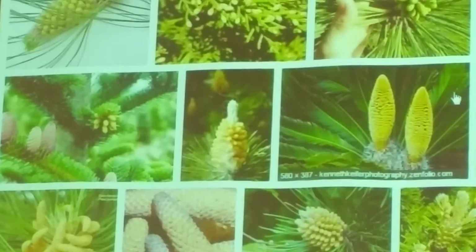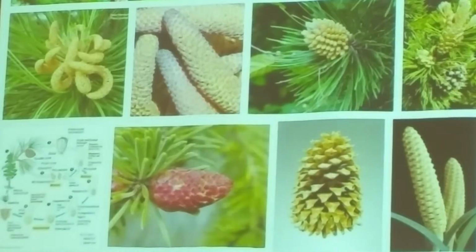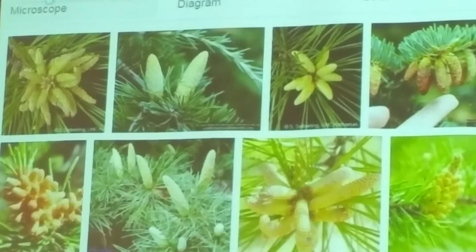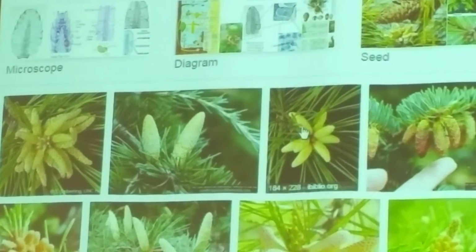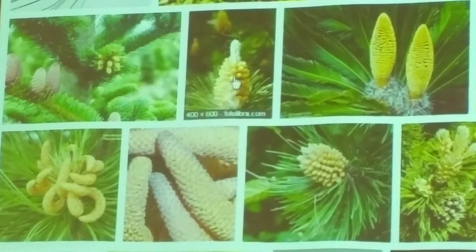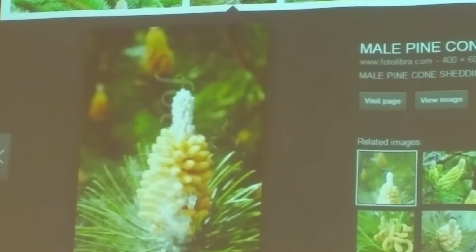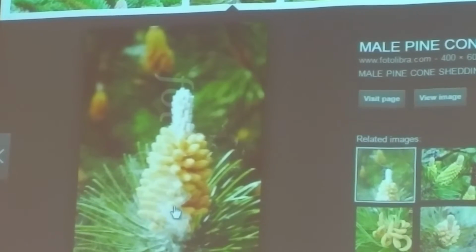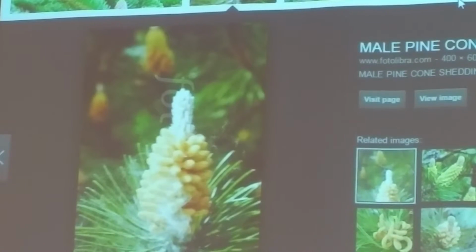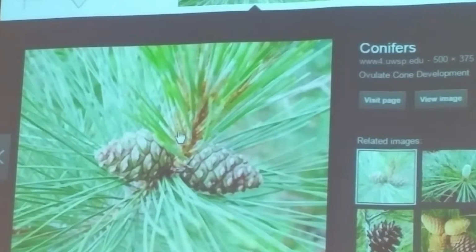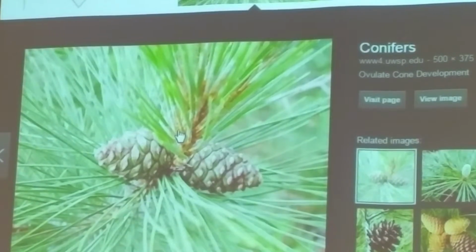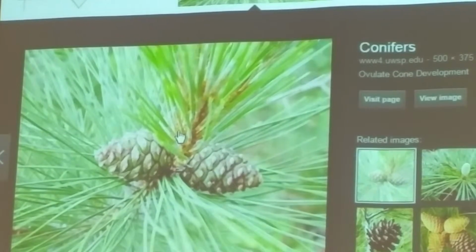Okay, so the gymnosperms produce a ton of pollen, right? Here you see it just smoking out of that, right? Like if hit by any breeze or whatever, these things will produce masses and masses of pollen. And this is the goal, right? They want to hit this so that that pollen will stick to that and be able to fertilize that at a later date, in about a year.